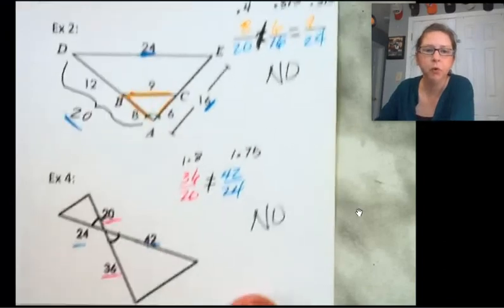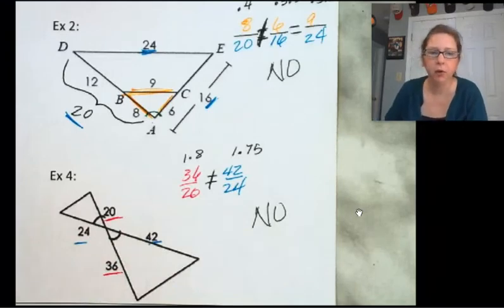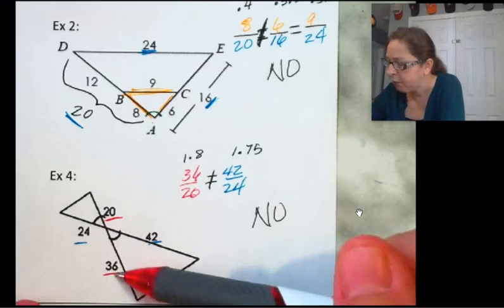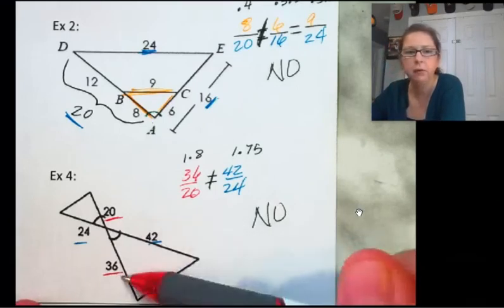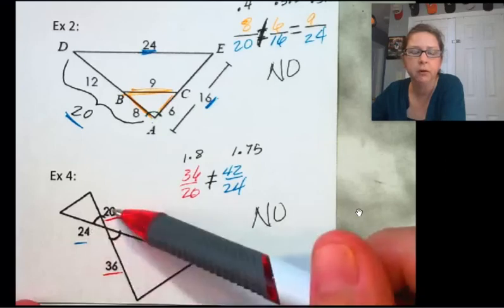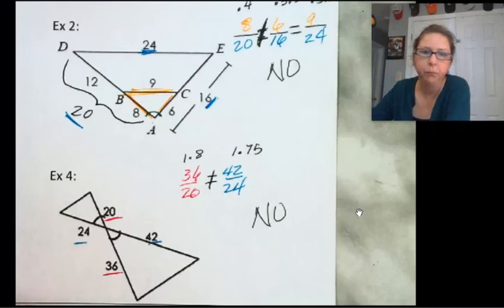In example 4, my only option was the side angle side similarity, okay? And so remember, 36 is the smaller number in this triangle. 20 is the smaller number in this triangle. It doesn't matter how you set these up, okay?